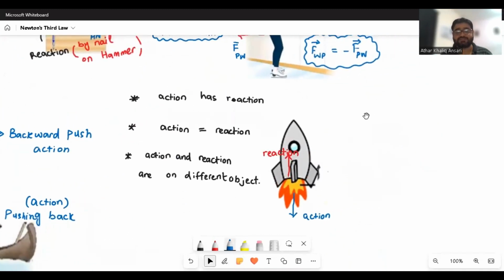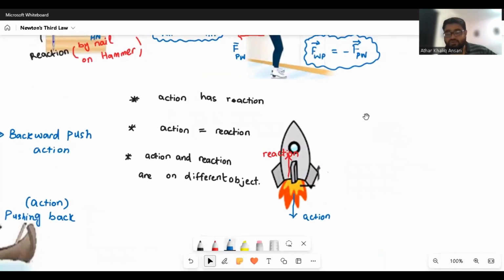Action of the rocket on the gases. I may write this action as force by the rocket on the gases, so I will say F_GR. In the reaction, I will say force of gases on the rocket.